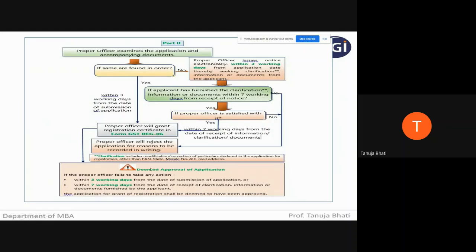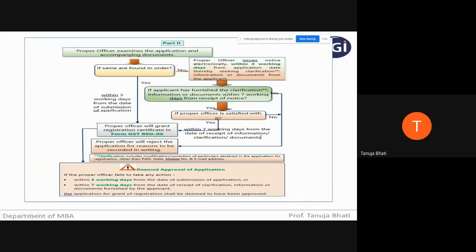Now, there is deemed approval of application. What is the meaning of deemed approval? If the proper officer fails to take any action within 3 working days from the date of submission of application, or within 7 working days from the date of receipt of clarification, the application for grant of registration shall be deemed to have been approved. Here the proper officer has only 3 working days to give the registration certificate if he finds it in order, and only 7 working days if he wants clarification.